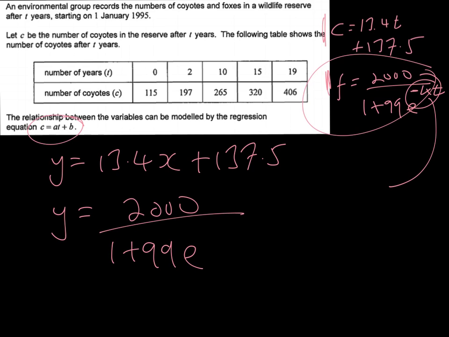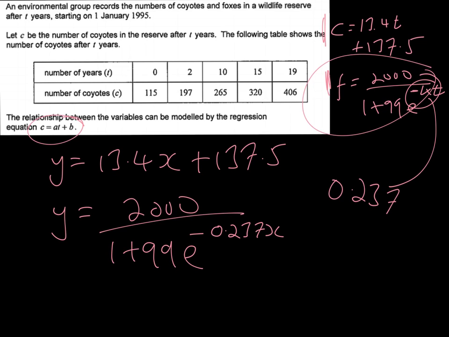We already worked out in the previous question that k was 0.237, so e to the power negative 0.237, and that is going to be multiplied, all to the power of x.